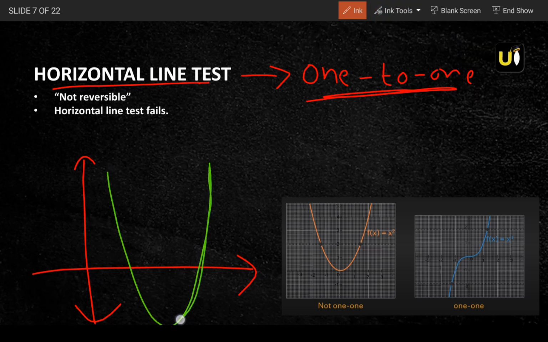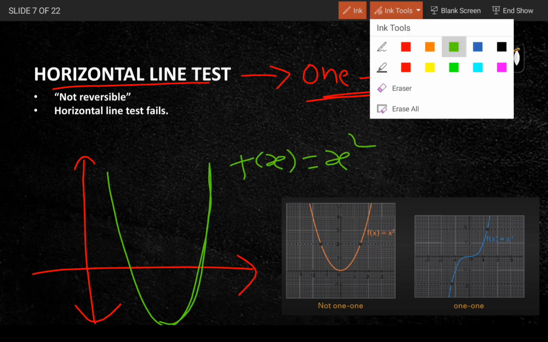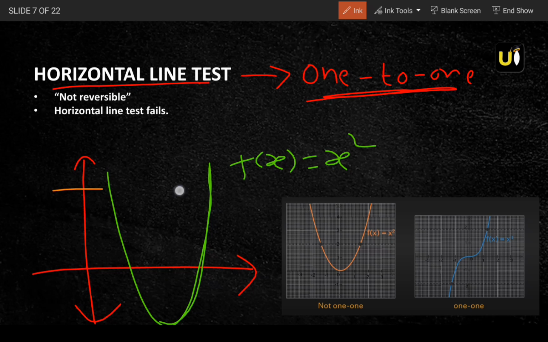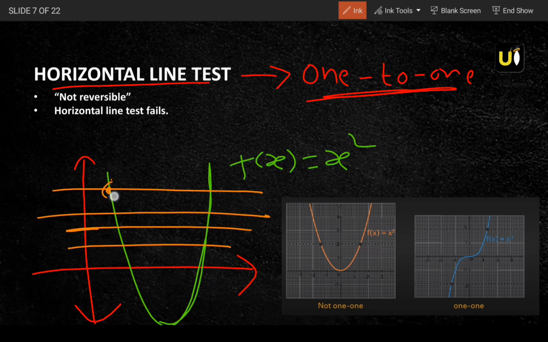See, for example, this is the graph given for a particular function. This is the graph of the x square function. Now if we draw horizontal lines, see here the intersection of this line with the graph is not unique. It is not intersecting at exactly one point.